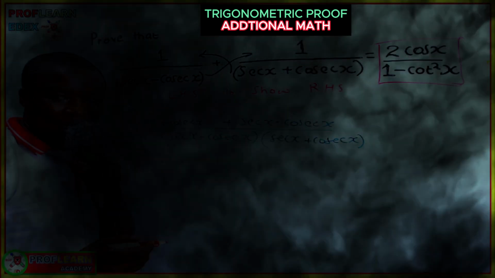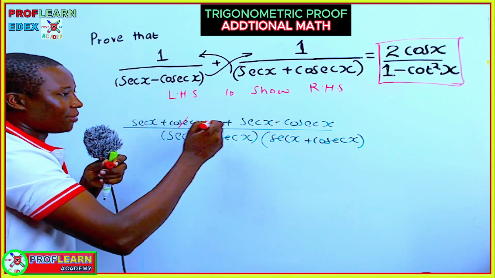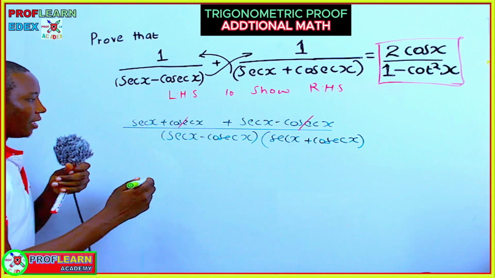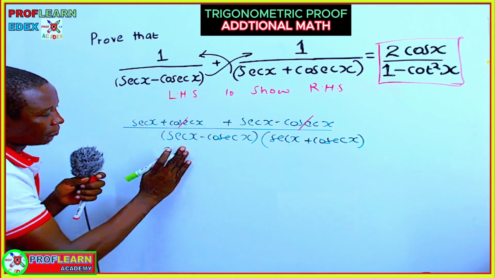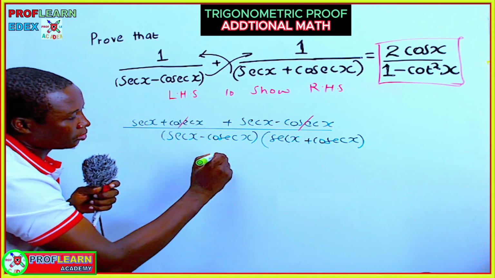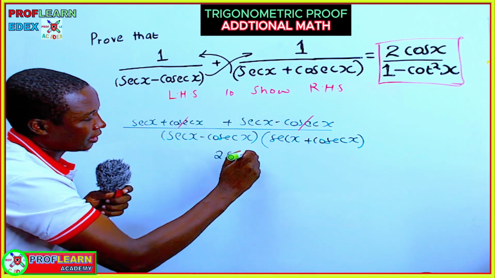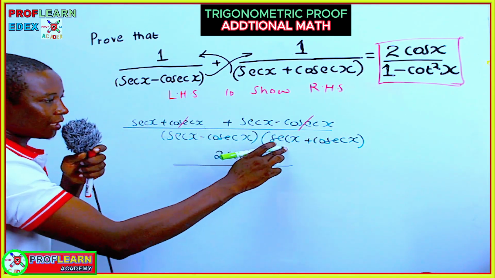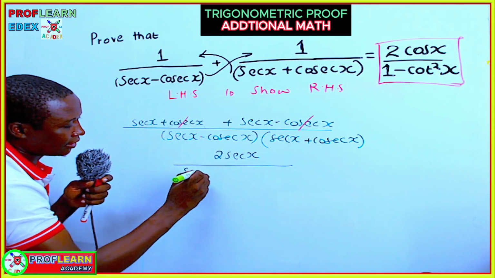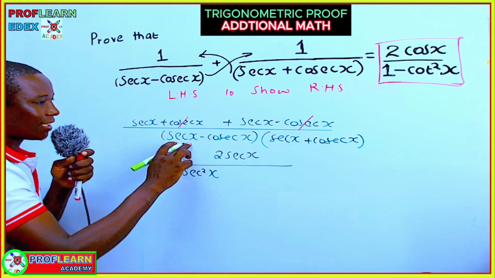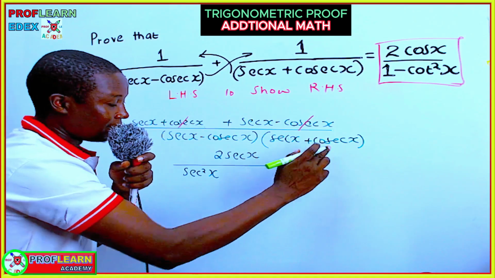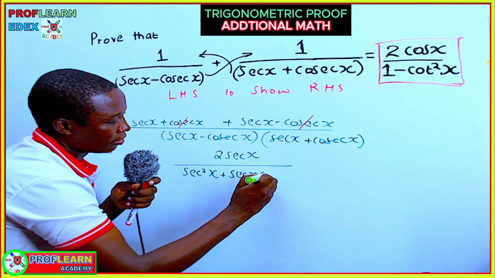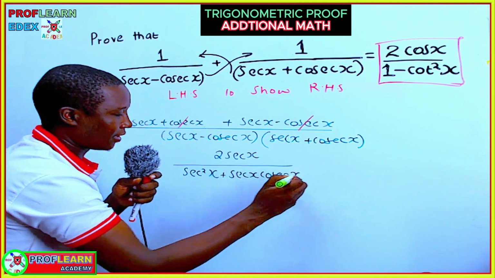Now, in this expression you can see that this term and this term are going to cancel out. Then we're going to have this expression reducing to 2 sec x divided by sec x times sec x, which is sec squared x. Sec x times cosec x is going to be plus sec x cosec x.